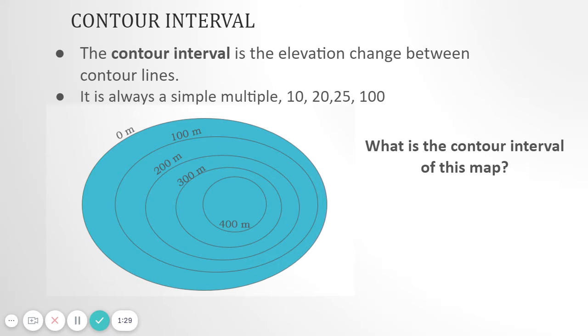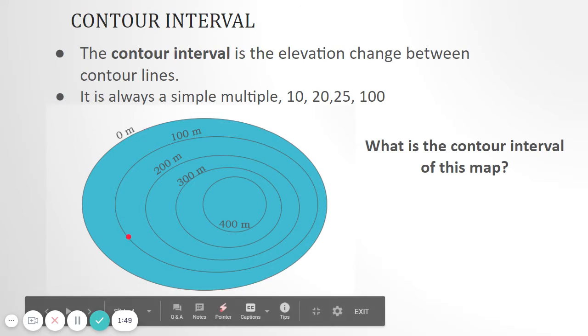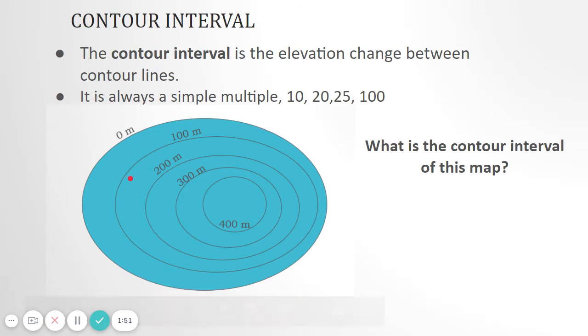So if we're looking at this particular map, and this is obviously just a very simplified landscape, we want to know the contour interval of this map. We're looking for the elevation change between them. So if I have 0 meters here, which remember is sea level, and then 100 meters next, the change in elevation from 0 to 100 is 100 meters.